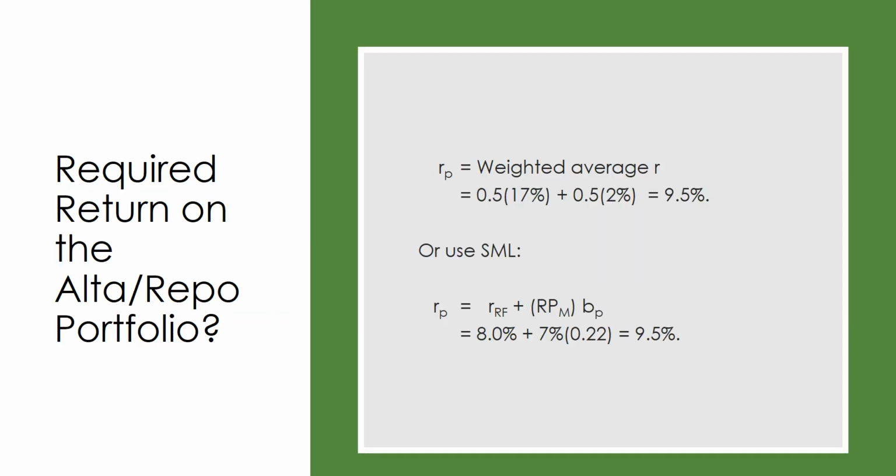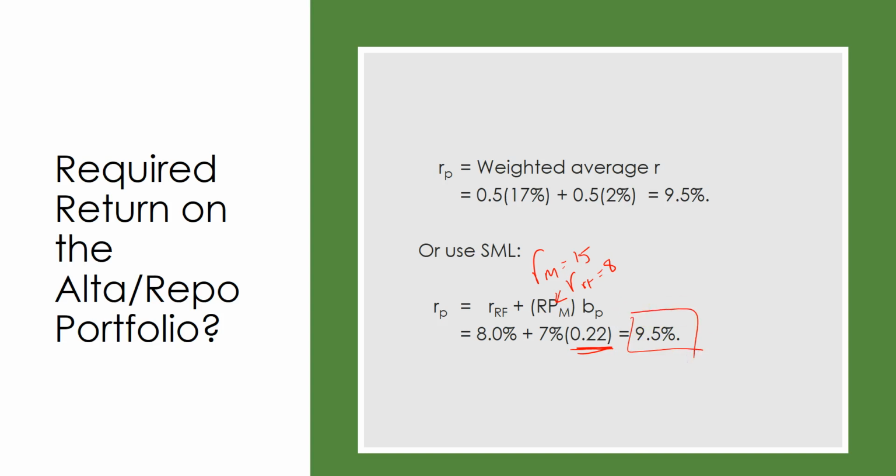Now that we calculated the beta for the Alta Repo portfolio, let's calculate the required return. We could use the security market line and just plug in our beta. We had already said that the market return was 15% and the risk-free rate was 8%, which gave us a market risk premium of 7%. And that gives us our portfolio required return of 9.5%.